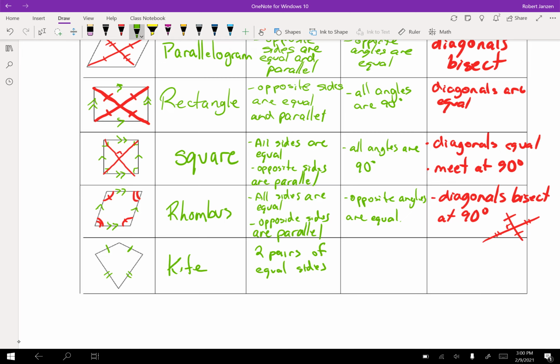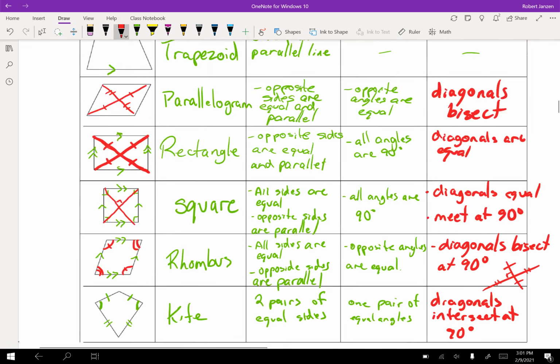Well, usually there is one pair of equal angles. And you should be able to see that the angles that are going to be the same are here and here. Okay, and then what about the diagonals? The diagonals intersect at 90 degrees.